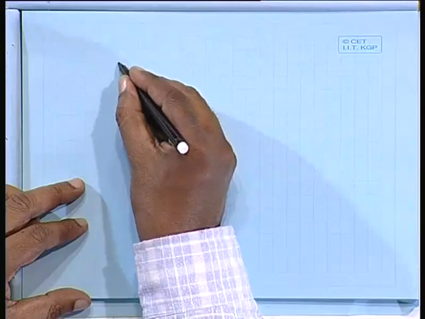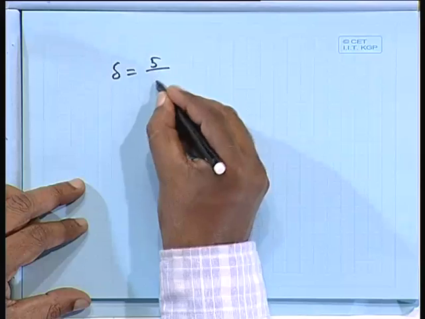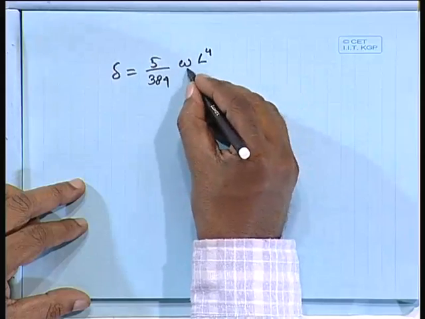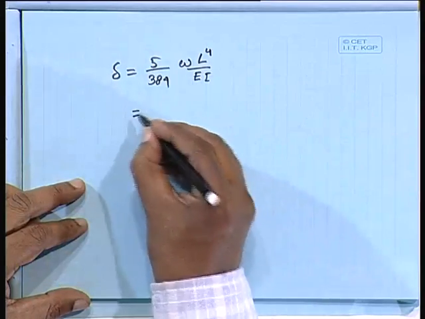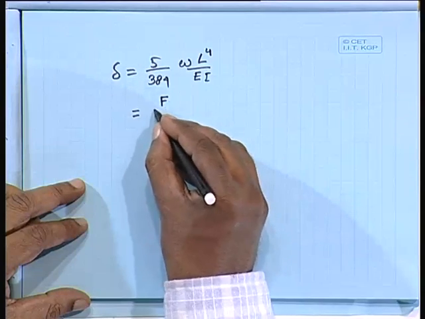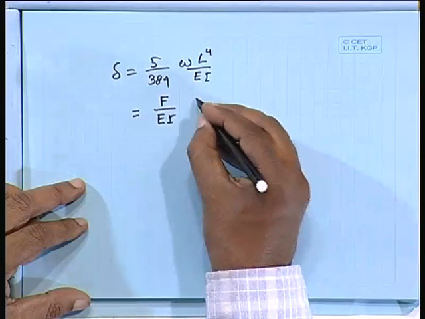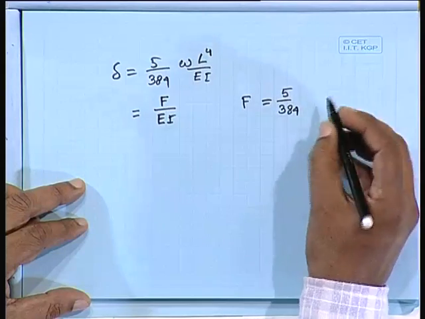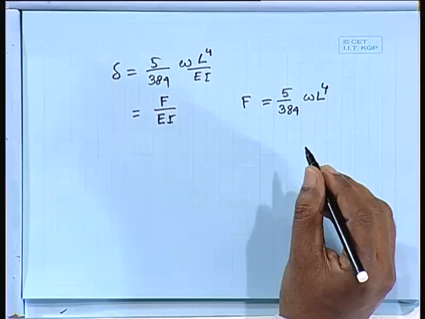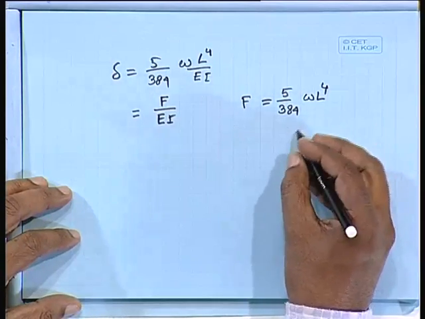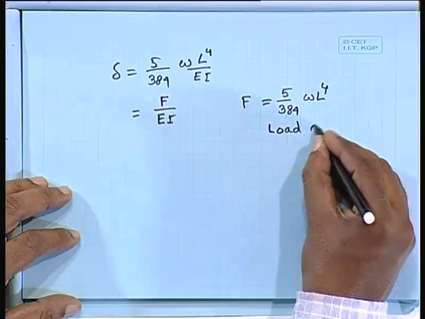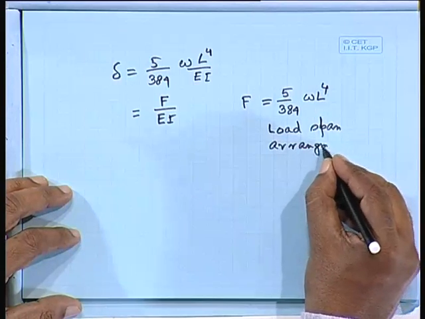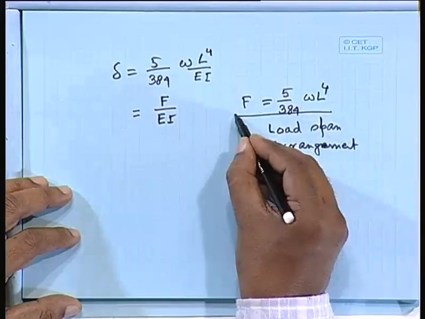We write the same formula, delta equal to 5 by 384 W L to the power 4 by EI, and we can make it F by EI. What is F here?